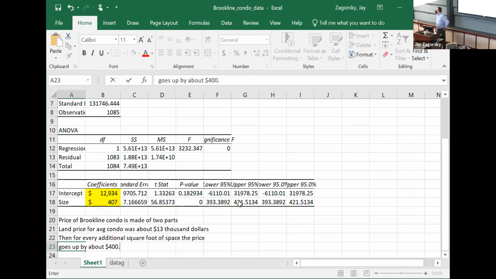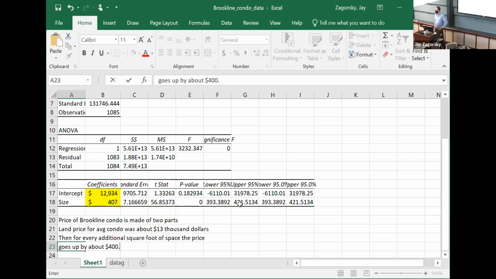So if a condo is 10 square feet bigger than another pretty close to identical condo, an additional 10 square feet means that other condo would cost $4,000 more. 100 square feet, $40,000 more. So if you've ever heard someone talk about, oh, price per square foot, what's the price per square foot in Brookline in these data? It's $400 a square foot.